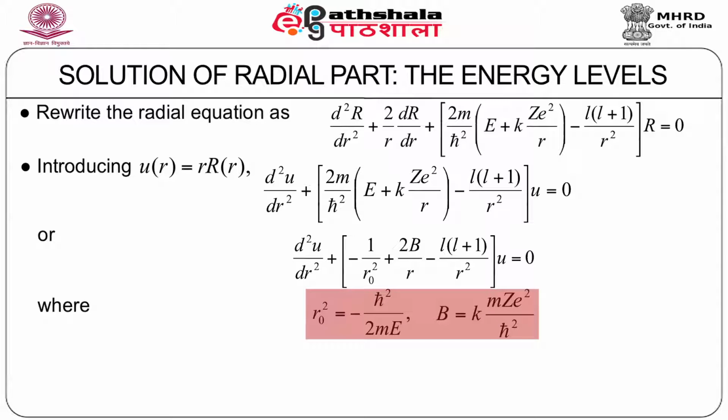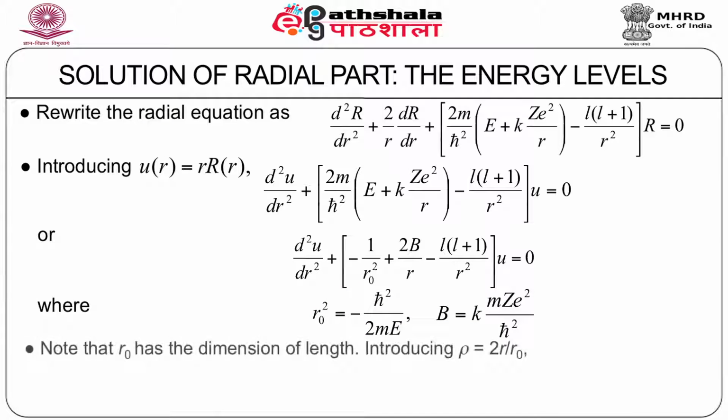You see, we have introduced r_0 squared equal to h-cross squared upon 2 m_e, and a constant b equal to k m Z squared by h-cross squared. This is just for convenience. Now note that r_0 has the dimension of length. So if we introduce yet another new variable rho, equal to 2r by r_0, then rho is a dimensionless quantity. Then you have this equation.